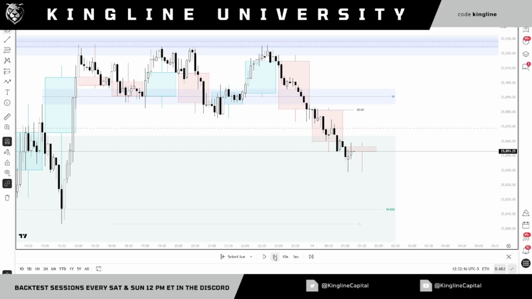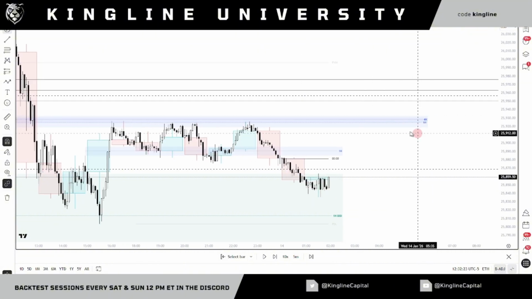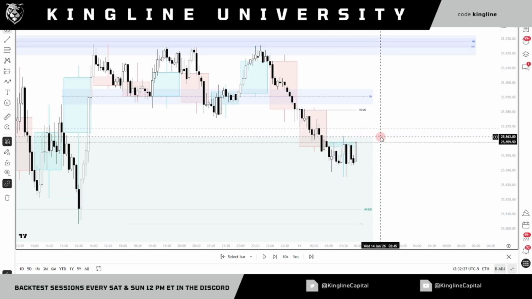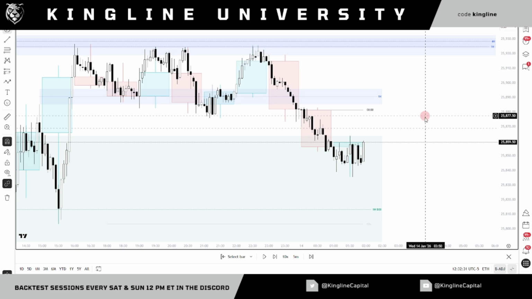So again, the first thing we're waiting for is a sweep. We are trading away from a 4-hour and a 1-hour PD array that we've tapped 4 times there. We've now inversed a 1-hour. So we have our higher time frame PD arrays that are showing lower prices. But we do want a valid sweep.